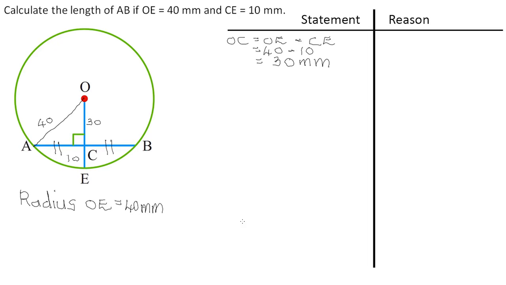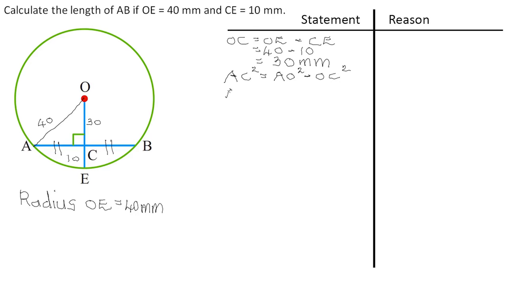Therefore, I will subtract that from my hypotenuse. So, according to Pythagoras, AC squared is equal to AO squared, which is my hypotenuse, minus, obviously, OC squared.